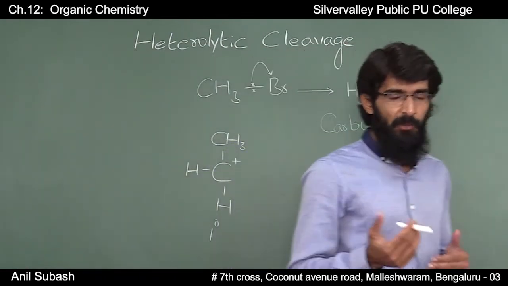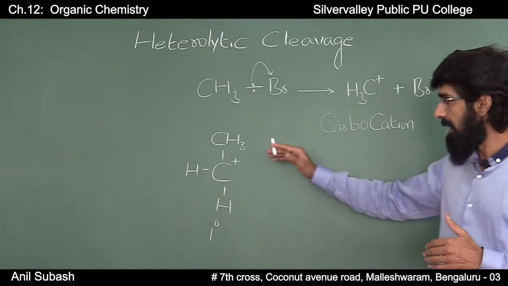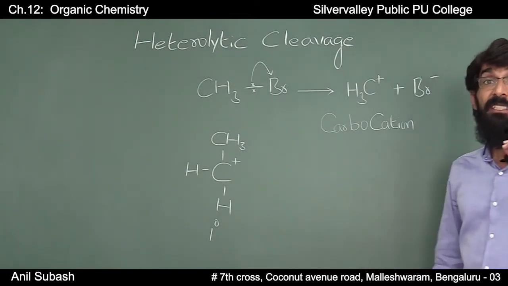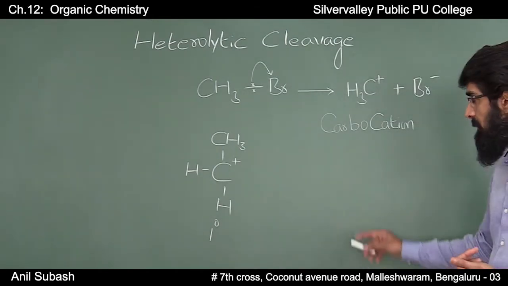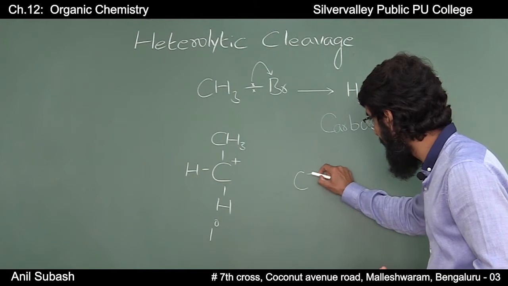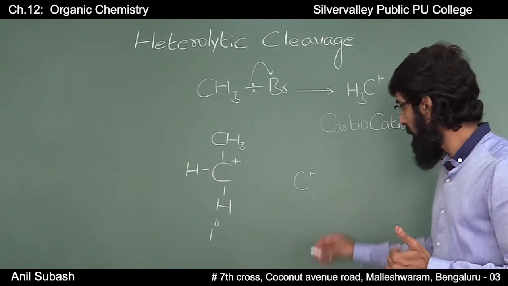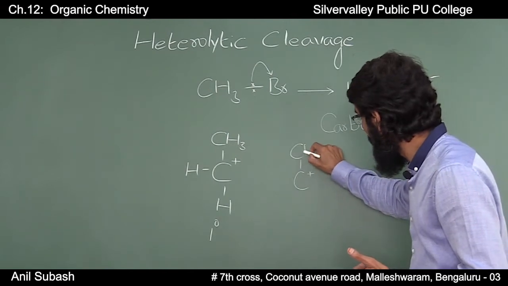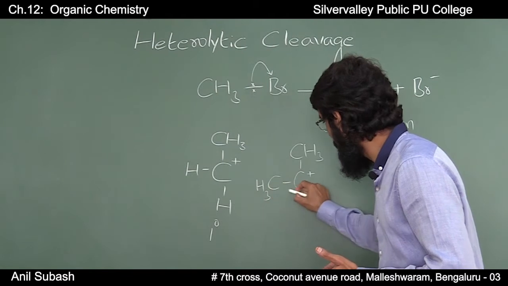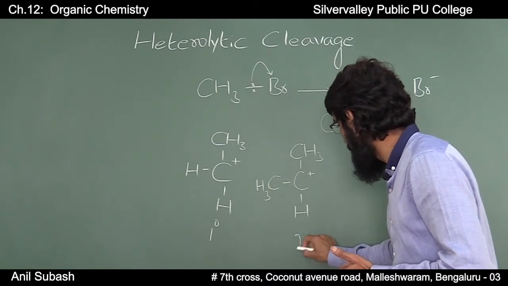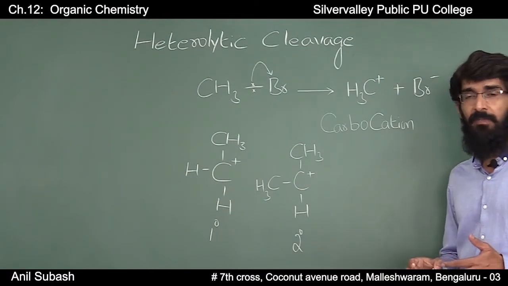A secondary carbocation is one in which the carbon carrying the positive charge is attached to two other carbon atoms. That is, you have a carbon carrying a positive charge, that is, you have a carbocation, and if it is attached to two other carbon atoms, then it becomes a secondary carbocation.